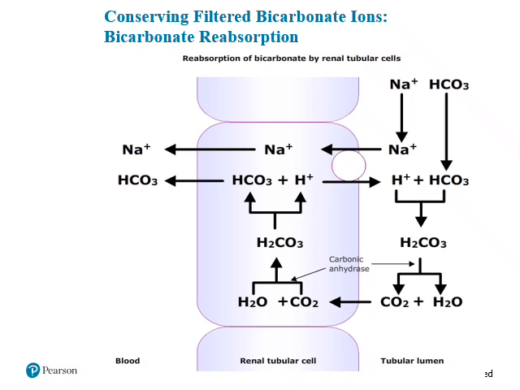The bicarbonate passes back into the blood, while the hydrogen ion is actively passed back into the lumen. In effect, it is the active excretion of hydrogen ion in the kidney that facilitates the bicarbonate reabsorption.